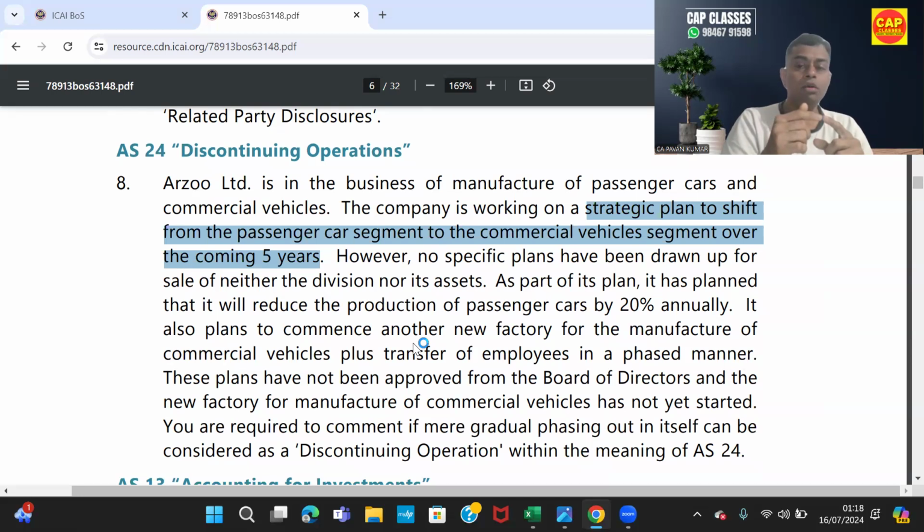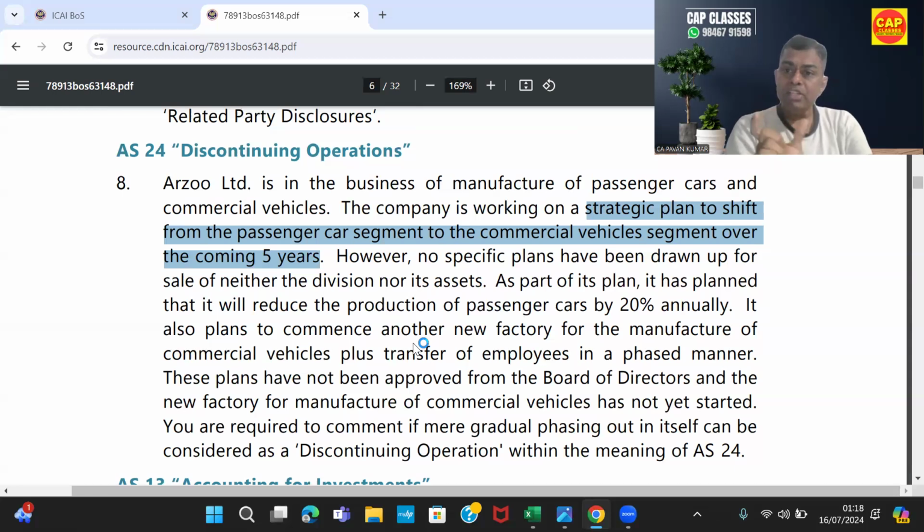No. Is there any resolution passed by the board of directors? No. Has a plan approved by the board of directors been communicated to the stakeholders and those parties who are affected? No. Then what is this? This is just in the ideation stage. I'm thinking of. The company is working on.